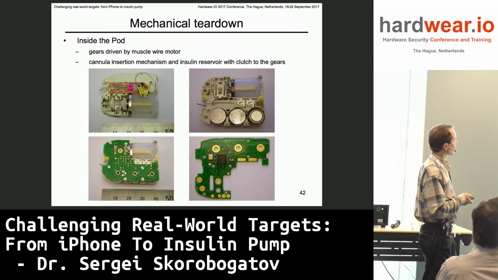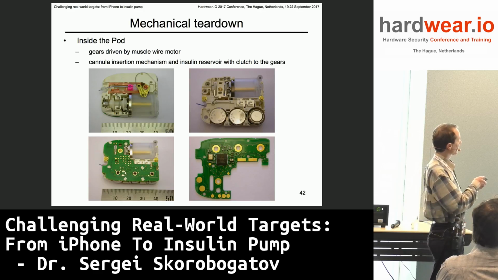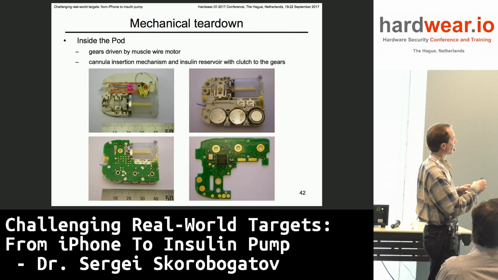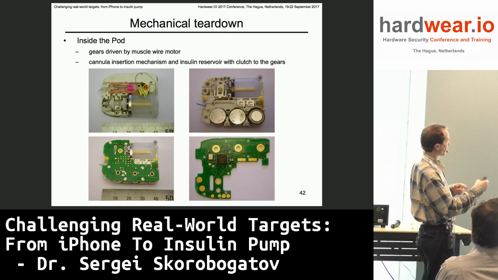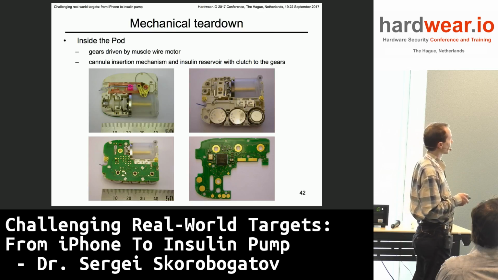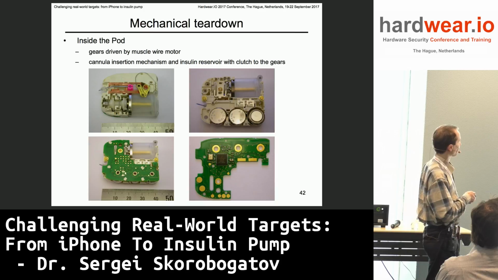They also have a mechanism that allows you to fill the tank with insulin, and then some kind of clutch spring that locks the rod inside this construction, so that with the turning of the gears, the insulin is pushed outside of the tank into the body.